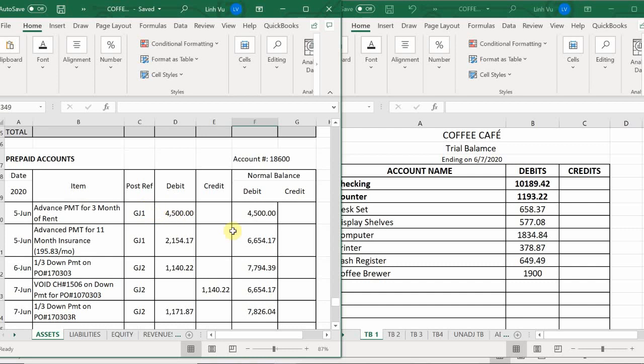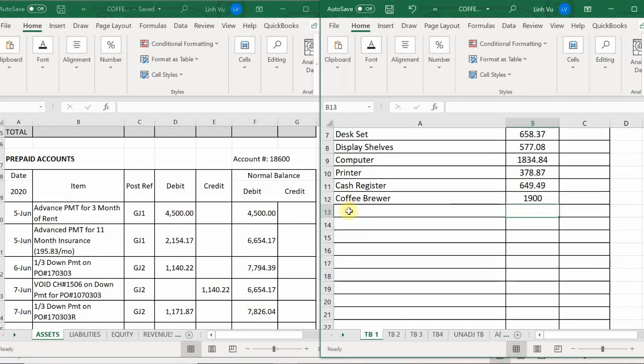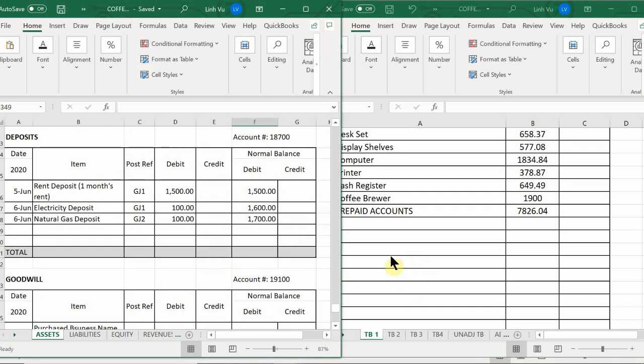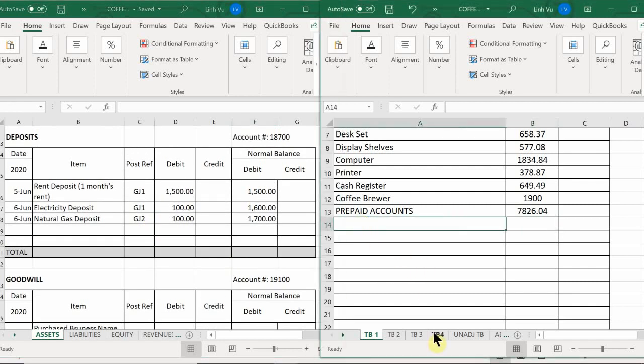What about prepaid accounts? Yes, I have a bunch of prepaid accounts, for a total of 782,604.04. Perfect. What about deposits? Yes, I do have some deposits.